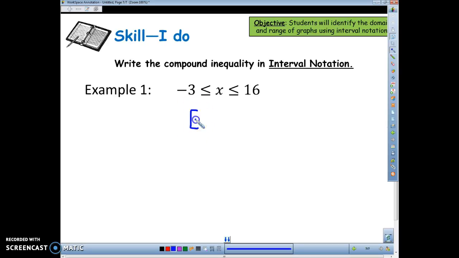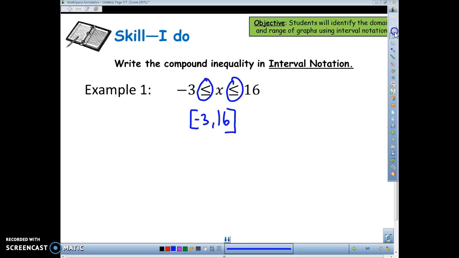So I have bracket -3, comma 16, and the inequality on the upper end is less than or equal to. So again, I use a bracket. Notice this is just saying that x lives between -3 and 16, and we include the values -3 and 16. Notice the brackets match up with the less than or equal to signs, and my values stay the same.